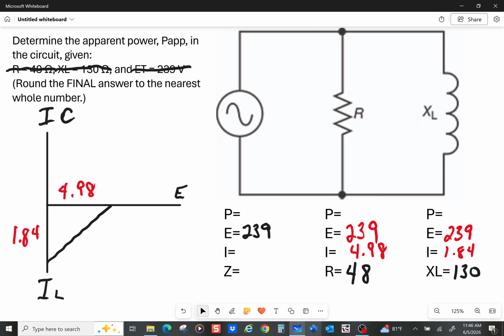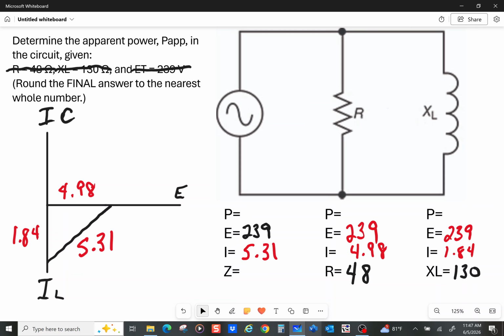Now I just have Pythagoras, right? Pythagorean theorem. So I'm going to take the square root of 4.98 squared plus 1.84 squared, and that's going to give me a total current of 5.31 amps.